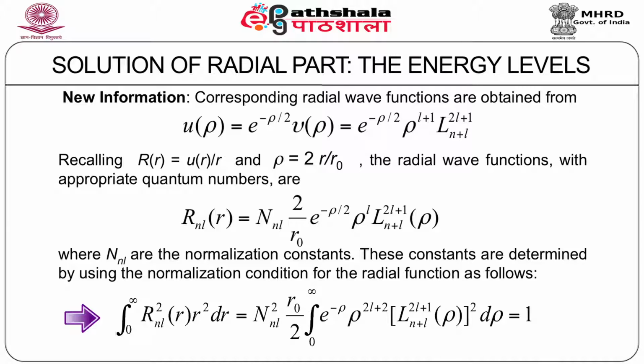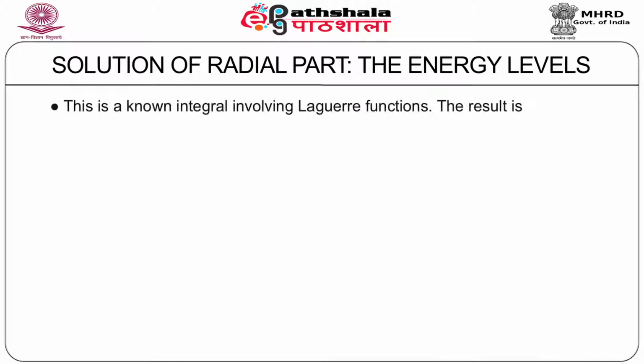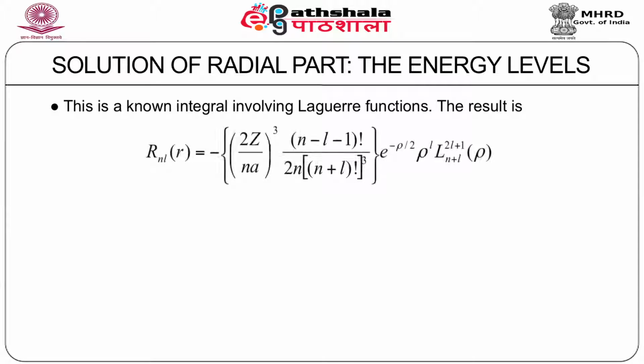Here you can find an integral, which can be evaluated from the known properties of the Laguerre functions. So this is a known integral involving the Laguerre functions, and the result is given here.